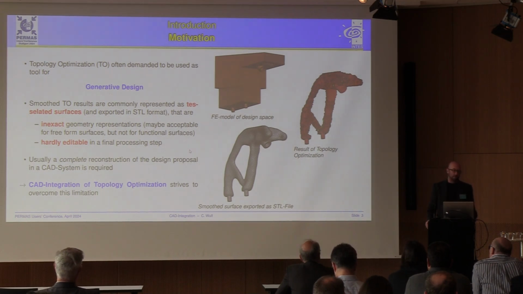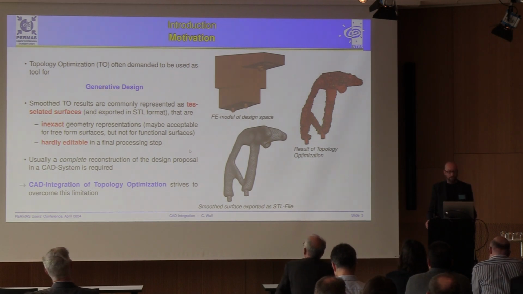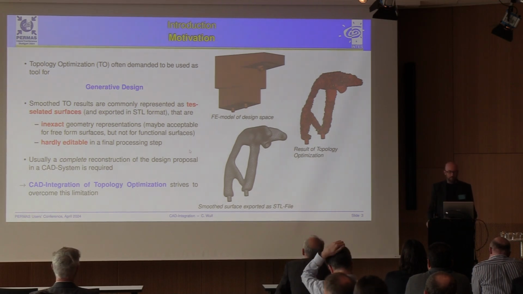Now, state of the art is that we have smooth topology optimization results, and they are represented typically as tessellated surfaces, typically triangle surface meshes, and later exported in STL format. This has two main drawbacks I will mention here.